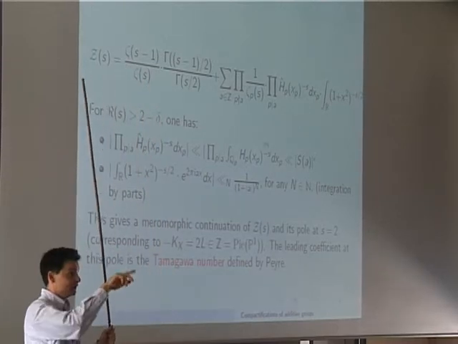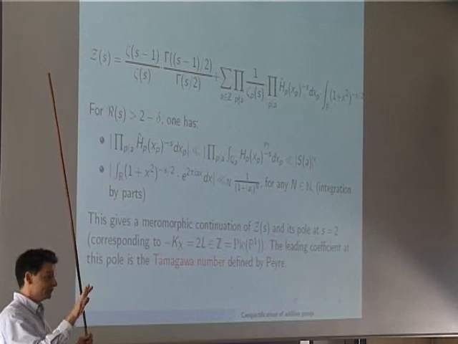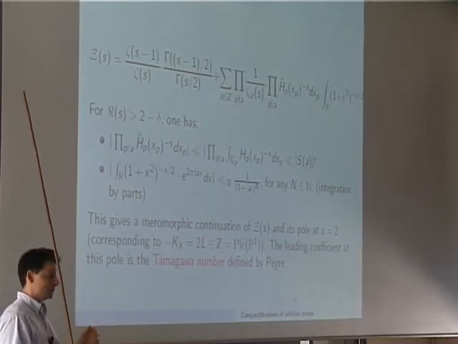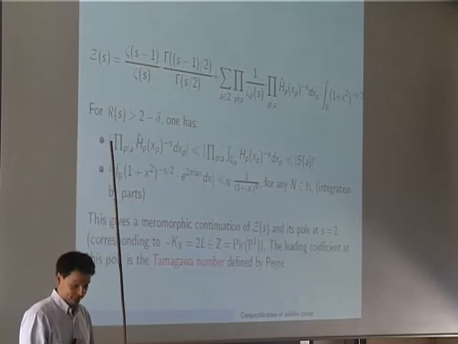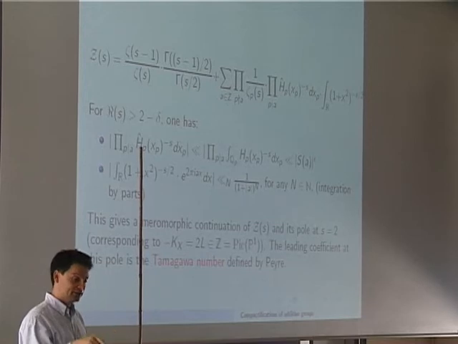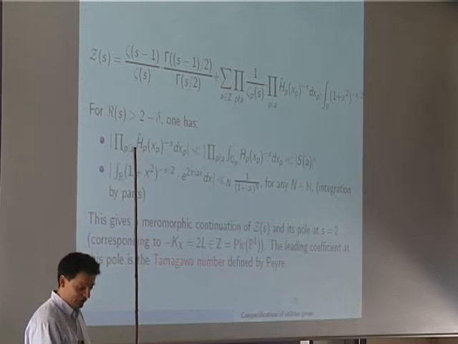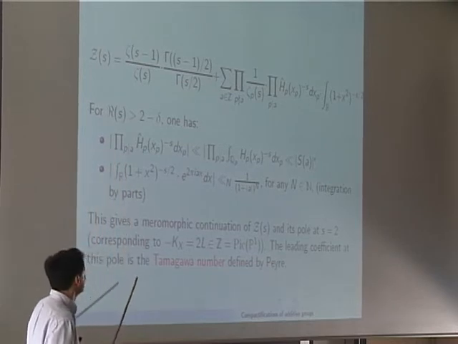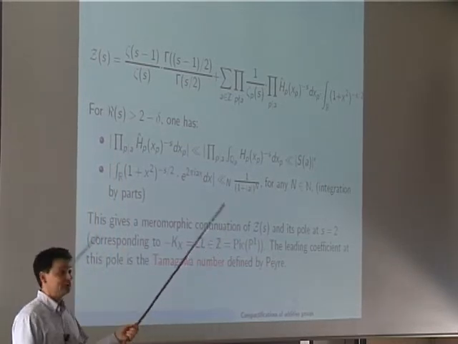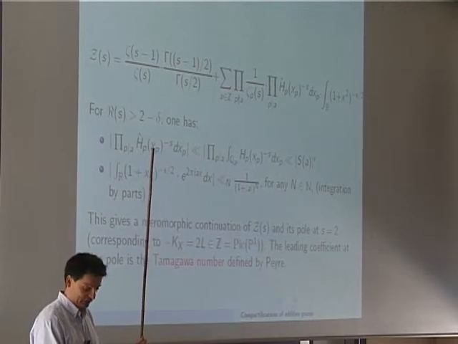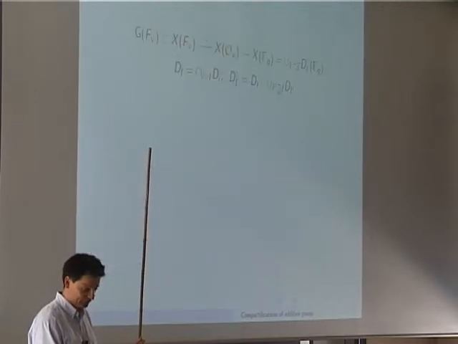After all, it was an integral of the height function over the adeles, so it's a product of all these local integrals. So then we have it in front of us, a product of local heights times dx, and we identify this as the Tamagawa number defined by Peyre. The discussion of these Tamagawa numbers will happen next Tuesday in more detail.